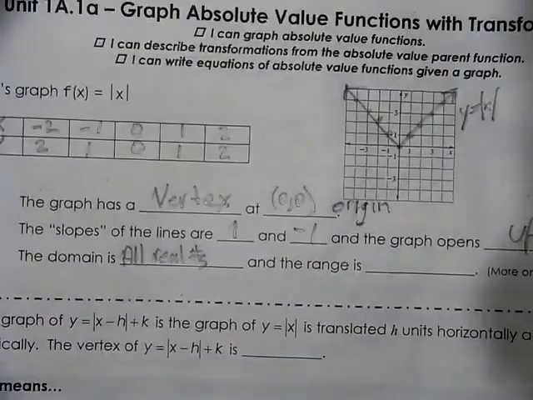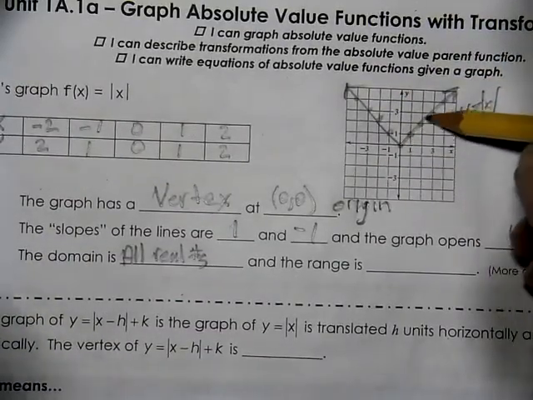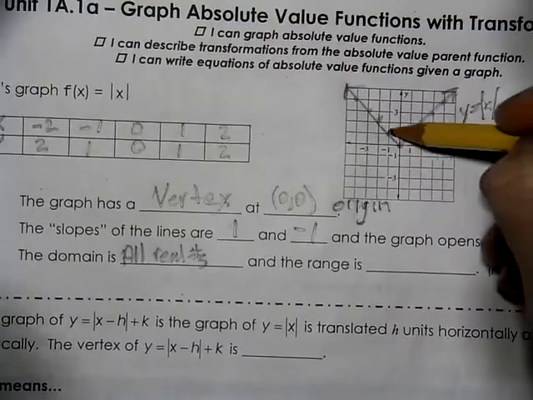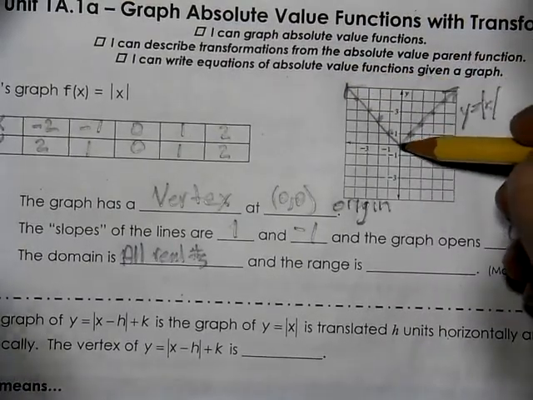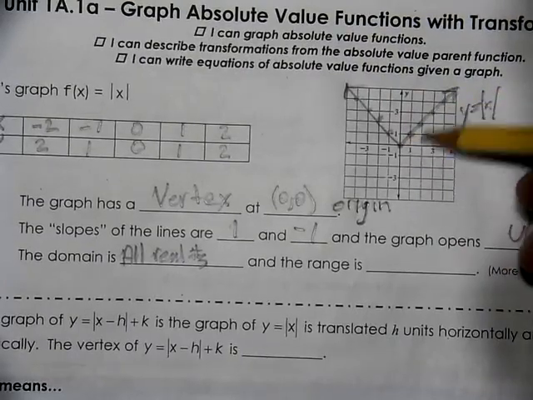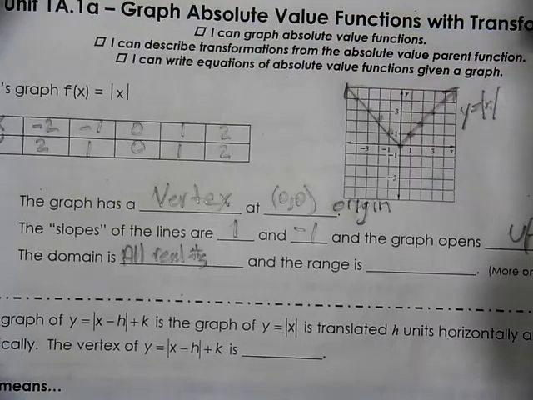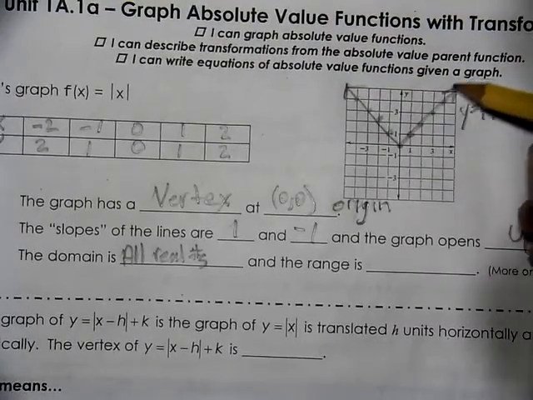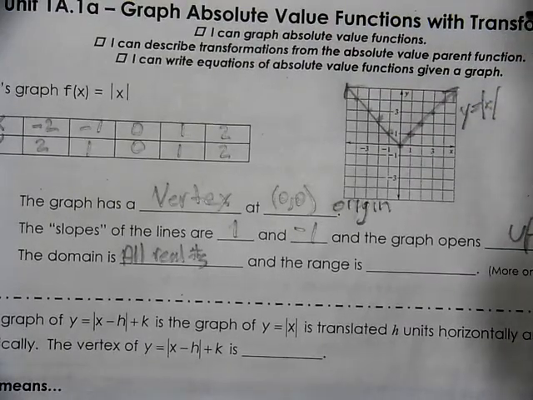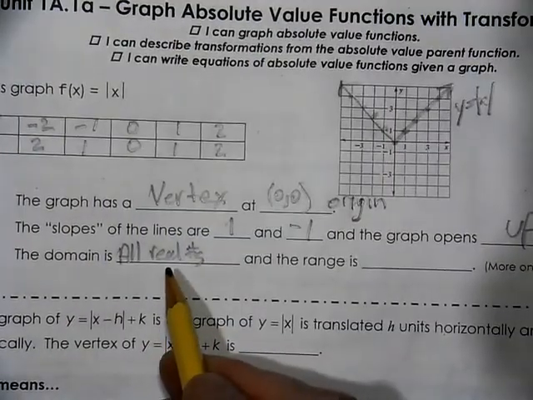Those are the x values that you're allowed to plug into your function. Notice how the graph is slanting to the right, the graph is slanting to the left. It's covering 0, it's covering 1 and 2 and 3 and 4, where x is 1, x is 2, x is 3. It continues on. It would continue on for the x values forever. You can plug in any x value to this. That means all real numbers.